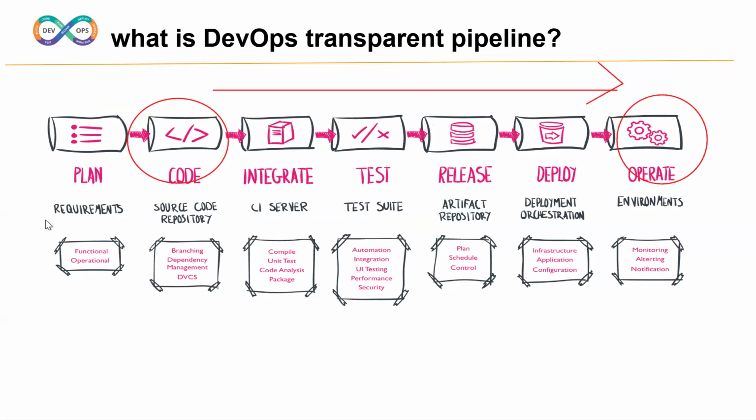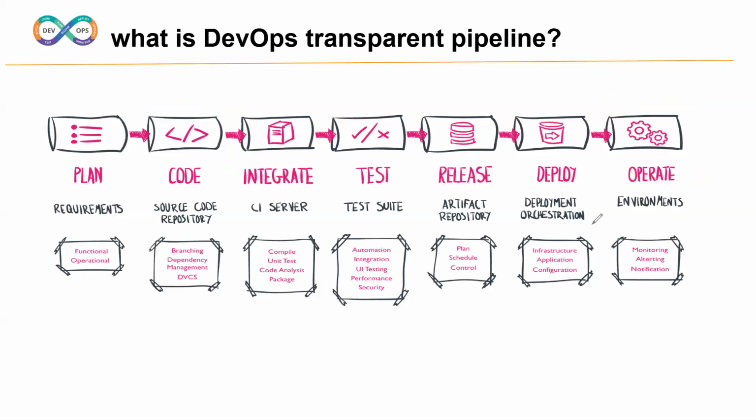So this is our DevOps transparent pipeline. Sir, what exactly are our roles and responsibilities at each and every stage as a DevOps engineer? We discussed that our roles start from dev environment and end with operation, agreed. But what exactly are our roles and responsibilities at each stage?